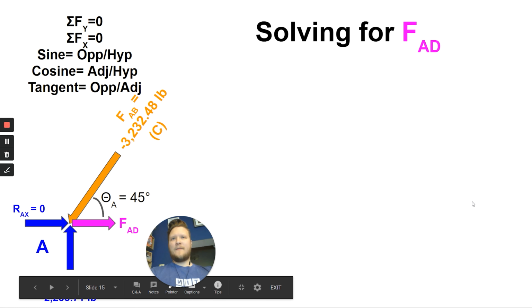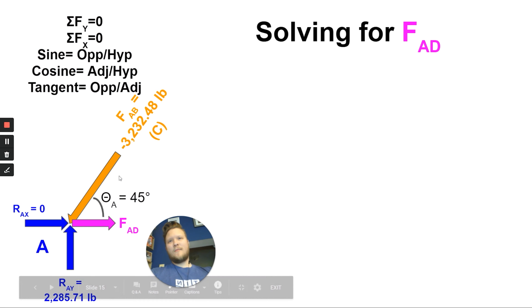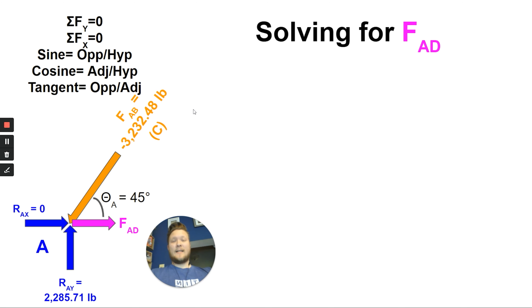Now that we have FAB, we update it in our free body diagram, and I put a little C so that way we remember that we had to flip it because it's in compression, not tension. That always helps me when I'm going back and using this value in other equations. Since we found FAB here at joint A, we don't have to find it at joint B. Now that we found it, we're done. We don't have to touch FAB again.